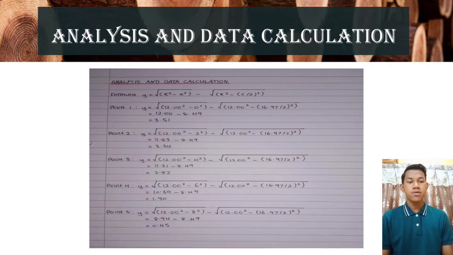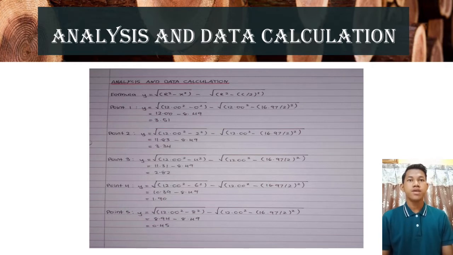For 0.1, y equals square root of (12 squared minus 0 squared) minus square root of (12 squared minus (16.97 over 2) squared). So we get for the first equation 12 and the second equation 8.49.